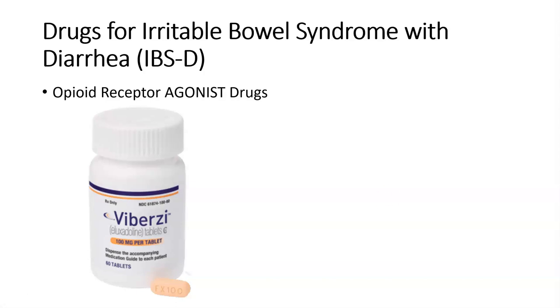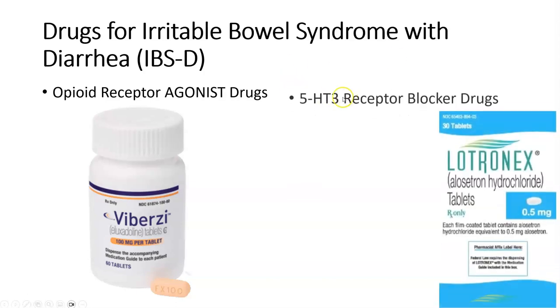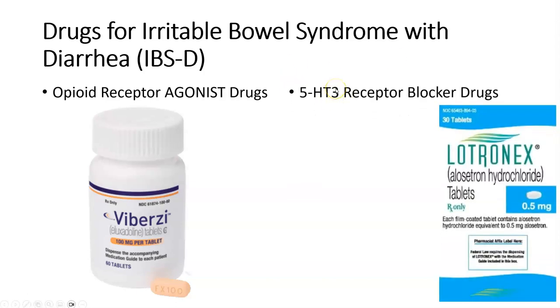This drug is, make sure I got the right one here, eluxadoline, and Viberzi is the brand name. And then we have the 5-HT3, a different serotonin receptor blocker drug. Well, no, it's not. It's a setron.